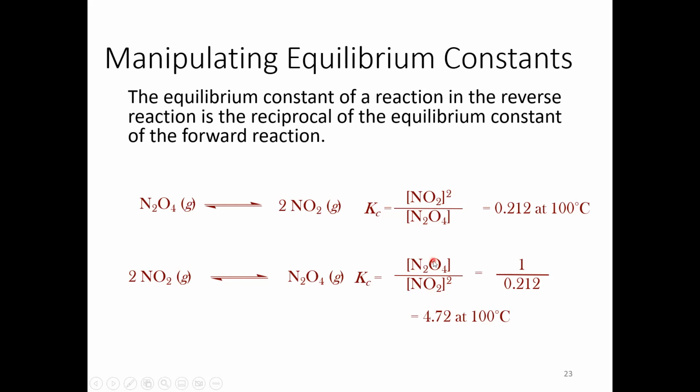So now we've got N2O4 on top, NO2 squared on the bottom. So the equilibrium constant would get flipped as well. If you want to even think about this top one as 0.212 over 1, when we flip it, that's why we get 1 over 0.212, or that's really going to be 4.72.